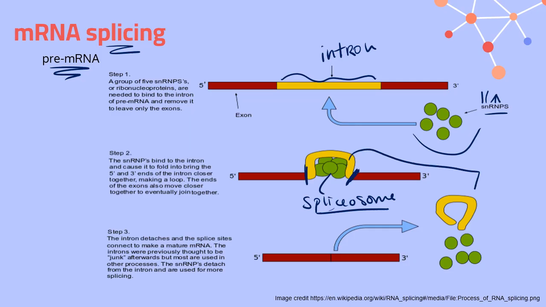That intron is going to stay in the nucleus and it gets recycled into those RNA nucleotides and can be used in the next round of transcription. What is left are these pieces known as exons. Those exons are then bound together into our mature piece of messenger RNA.